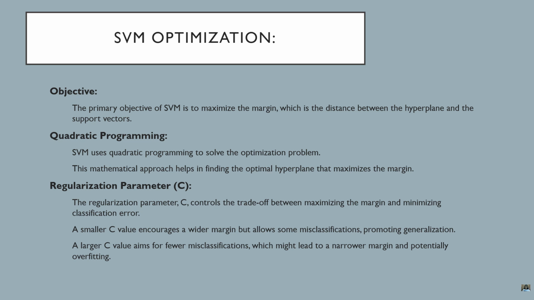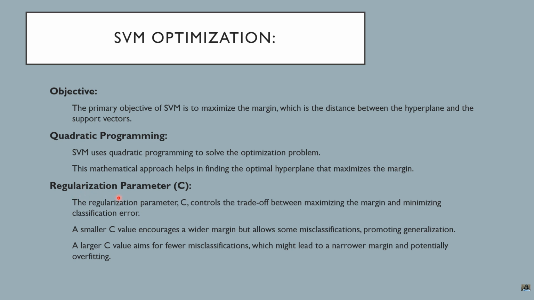SVM optimization. The primary objective is to maximize the margin, which is the distance between the hyperplane and the support vector. SVM uses quadratic programming to solve the optimization problem. This mathematical approach helps in finding the optimal hyperplane that maximizes the margin.